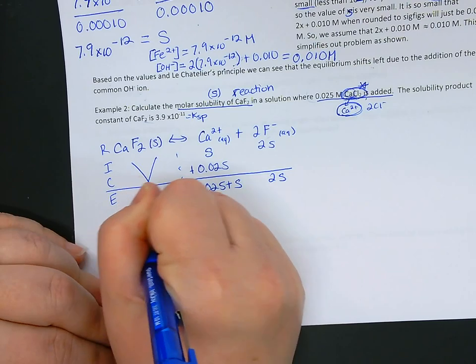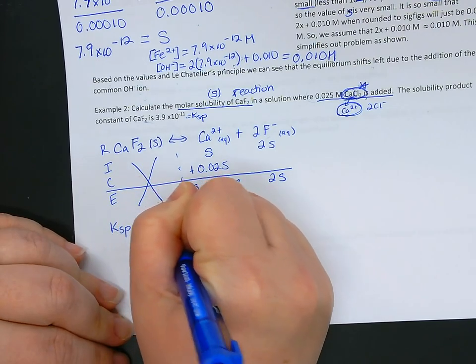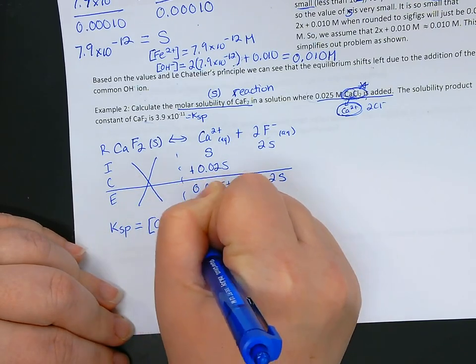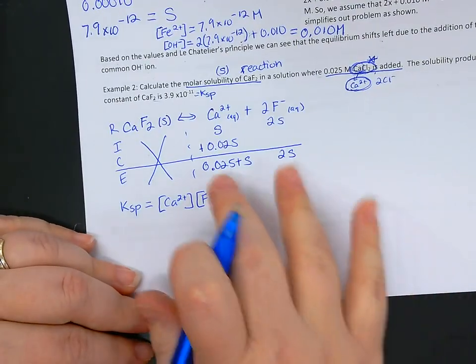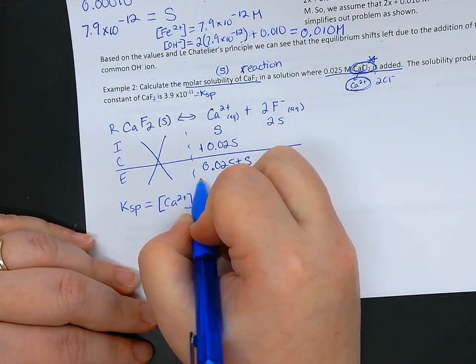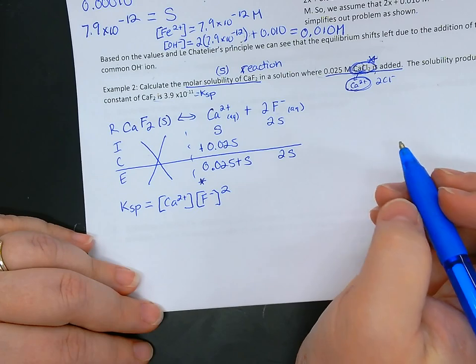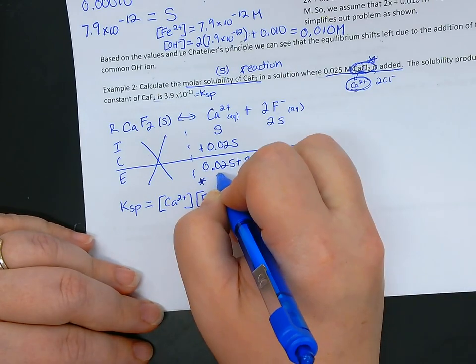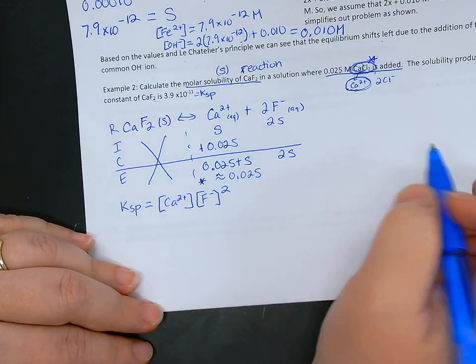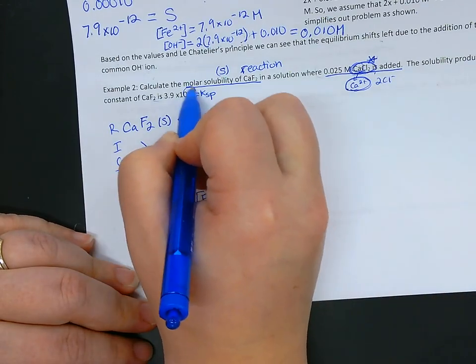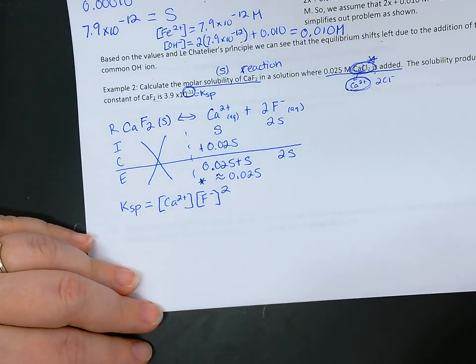We can write our KSP expression always. Calcium 2+, F minus squared, and I can plug it in. Now we're going to make our little assumption. Okay, this is our little star thing we get to do. We're going to say that this is basically equal to 0.025 because this KSP value is so tiny, right?